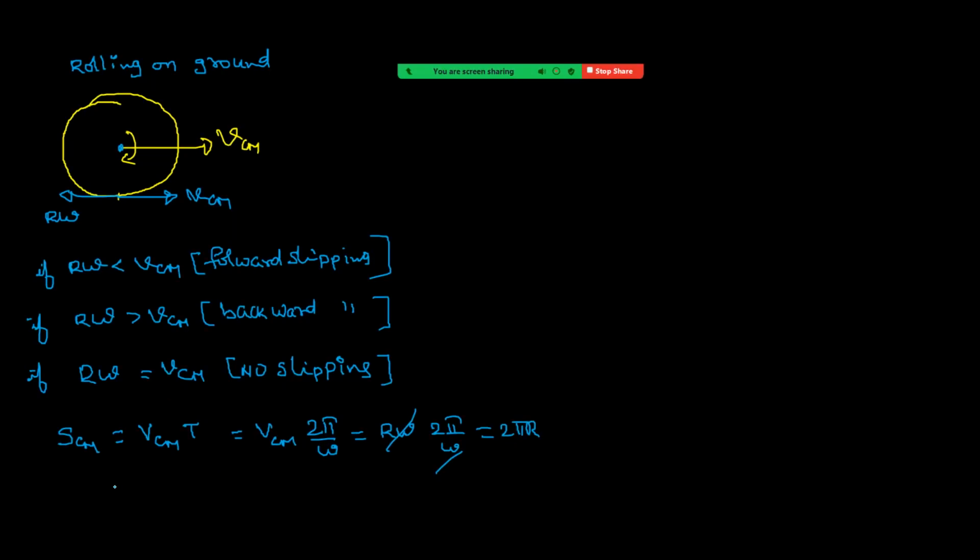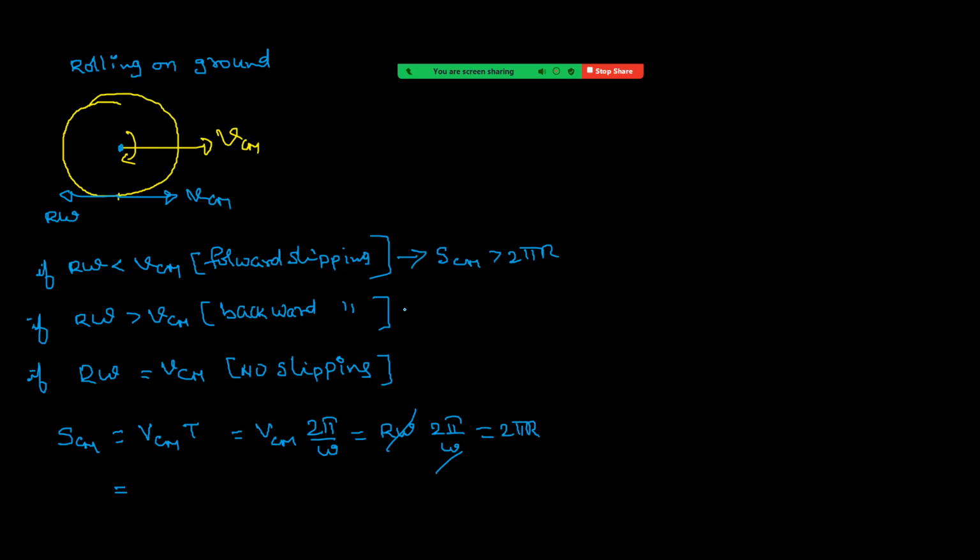If slipping is there, see what happens. There is no change in the time taken to complete one rotation, that is 2 pi by omega. If VCM is greater than r omega, then this value will be greater than 2 pi r.